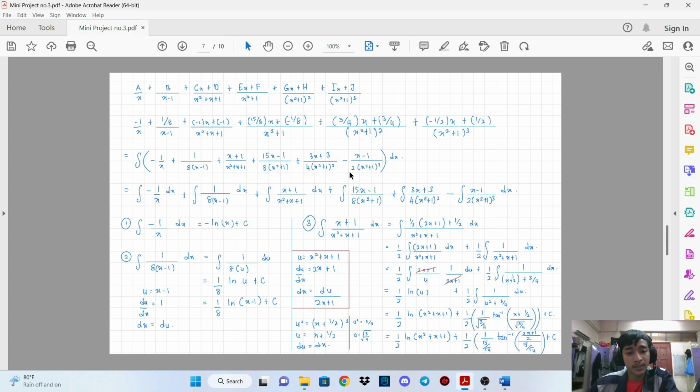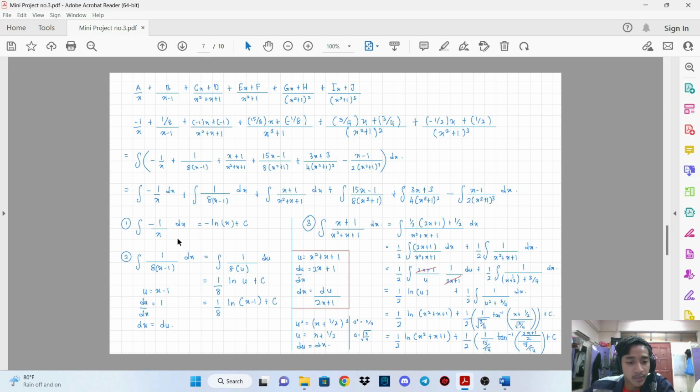From this one we separate them into integrate -1/8 dx plus integrate 1/8 over x minus 1 dx plus integrate x plus 1 over x squared plus x plus 1 dx plus integrate 15x minus 1 over 8 times x squared plus 1 plus integrate 3x plus 3/4 over x squared plus 1 squared minus integrate x minus 1/2 over x squared plus 1 cubed dx.